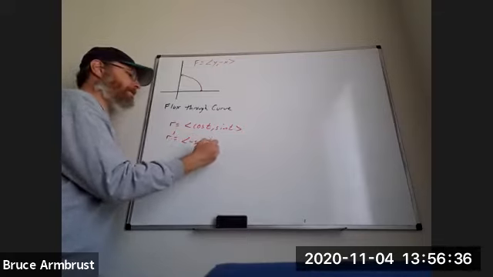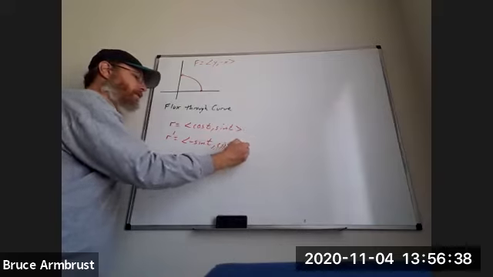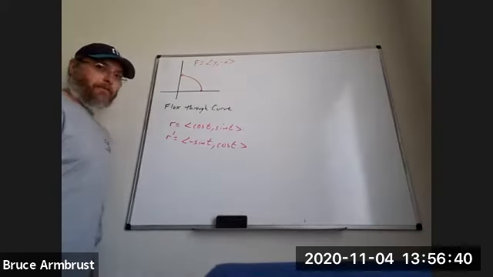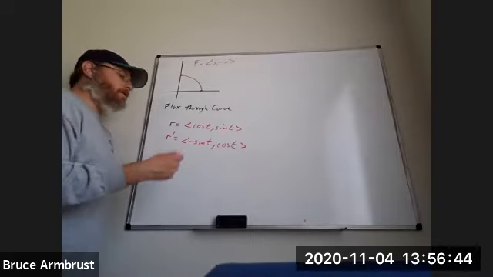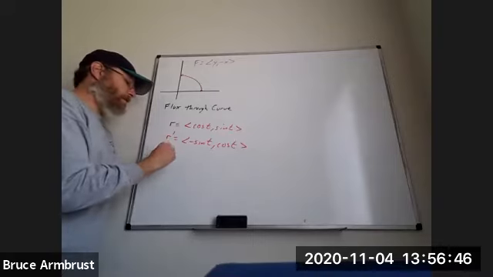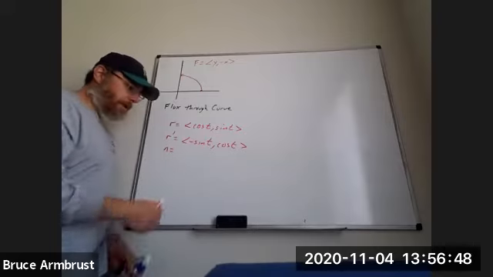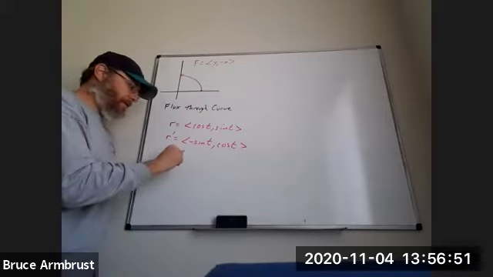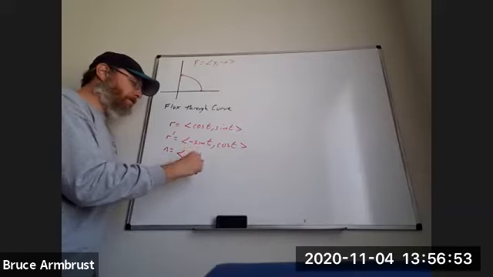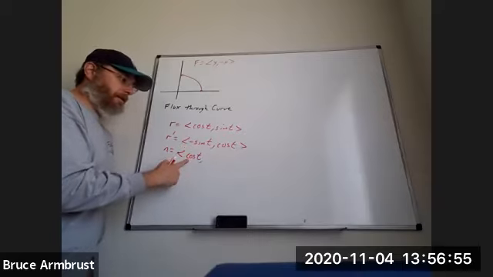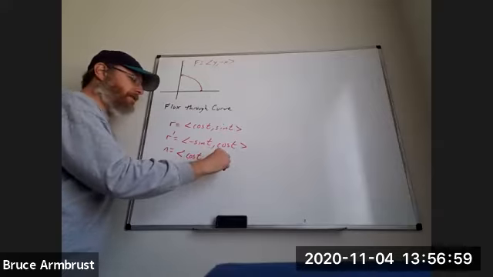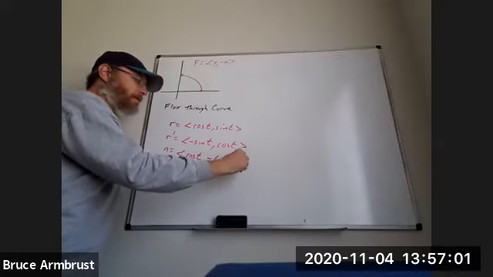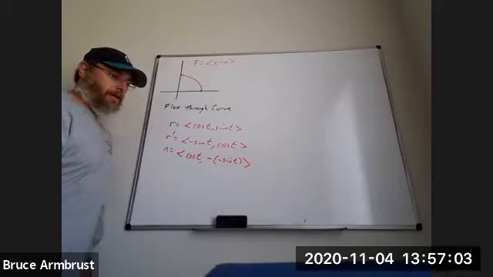So r prime is negative sine t, cosine t. So then n, this is where we're going to swap. We're going to bring cosine of t out front, and then we're going to have negative sine of t.